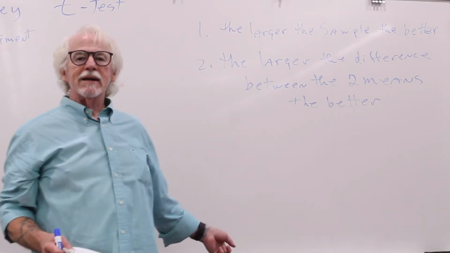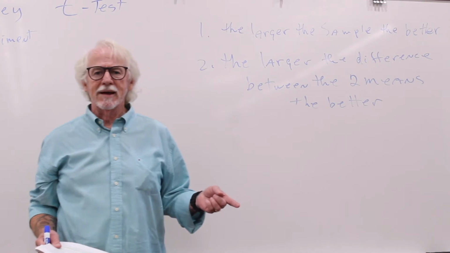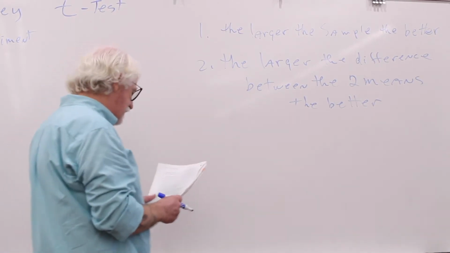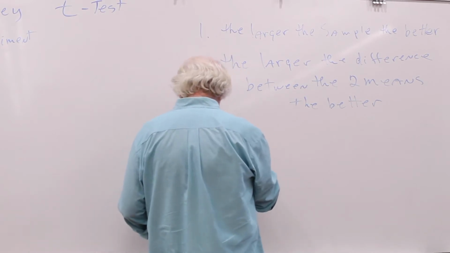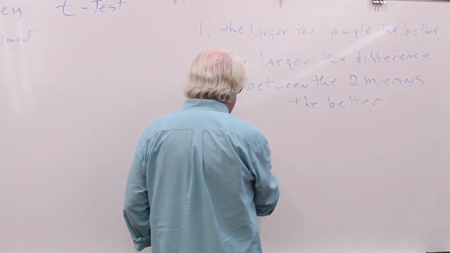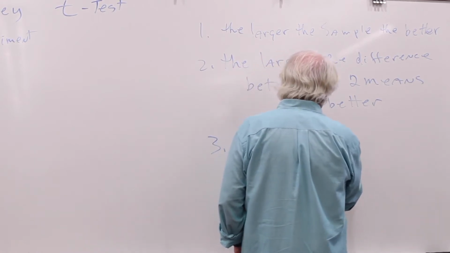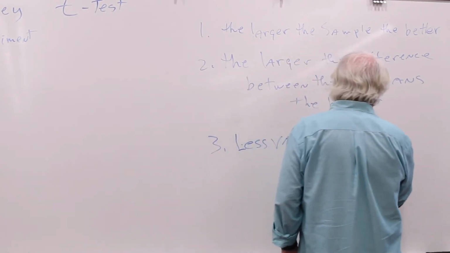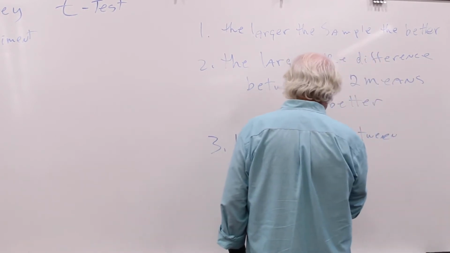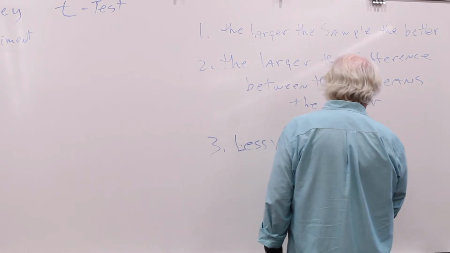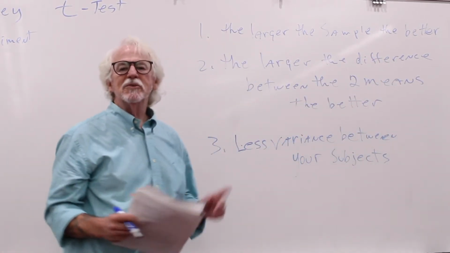And when I say better, it just means it's less likely to be sampling error. And 3 is less variance between your subjects.